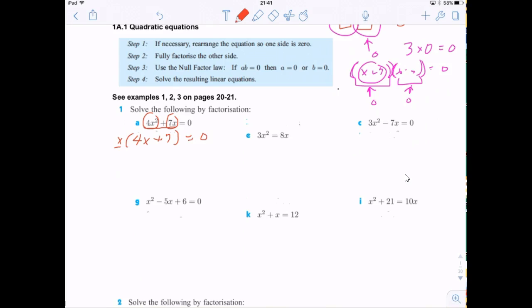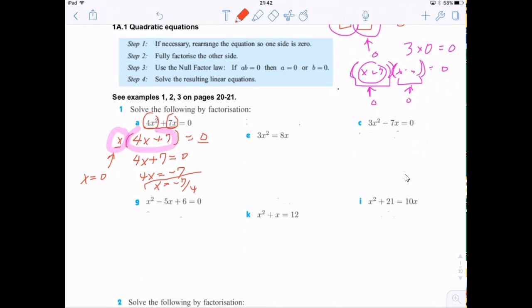So now I have a number times another number. Now I know that for this equation to be equal to 0, either x has to be 0, or 4x plus 7 must equal 0. That's just another way of saying subtract 7 from both sides, we get 4x equals negative 7, so x equals negative 7/4.